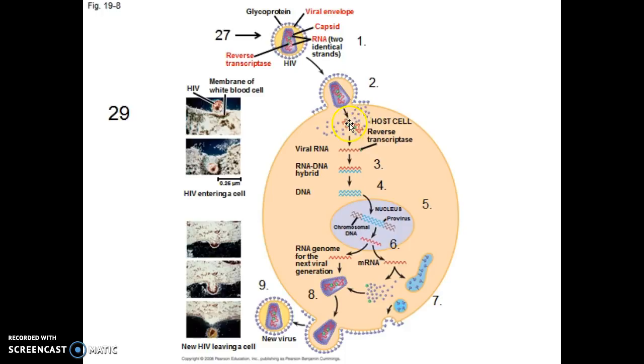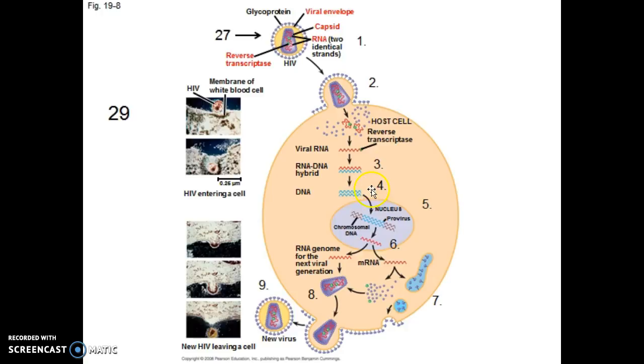Once the viral genome gets into the cell, we have the viral RNA right here. It's single-stranded. We have step 3, reverse transcriptase comes into play, and it will use the viral RNA to create a strand of DNA. So we kind of see that viral RNA right here and the DNA produced as a result of the reverse transcriptase in blue, whereas the RNA is in red.